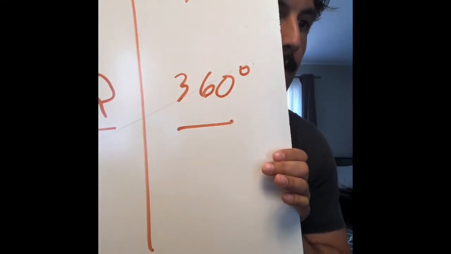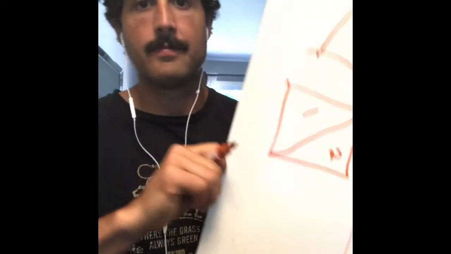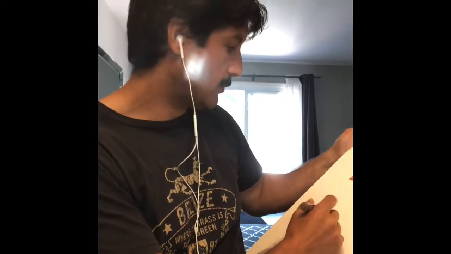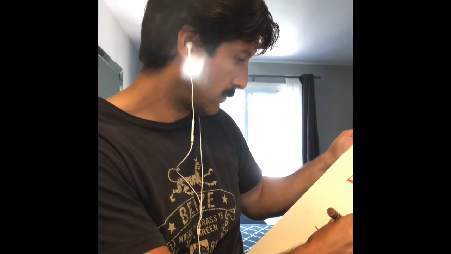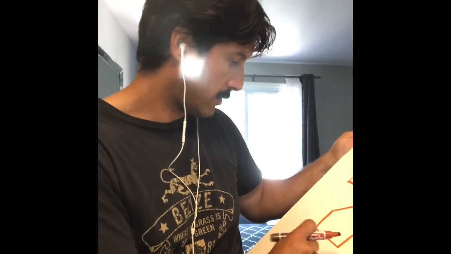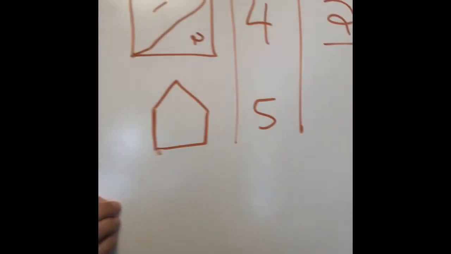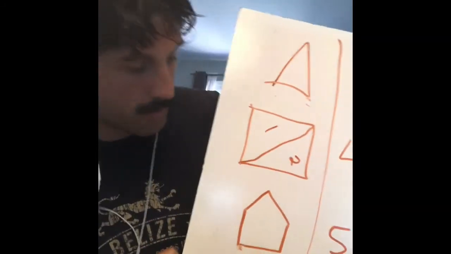Now the next one, pentagon. Pentagon, 5-sided. So the easiest way to do this is, 5-sided, but we still need to figure out how many triangles we can create.